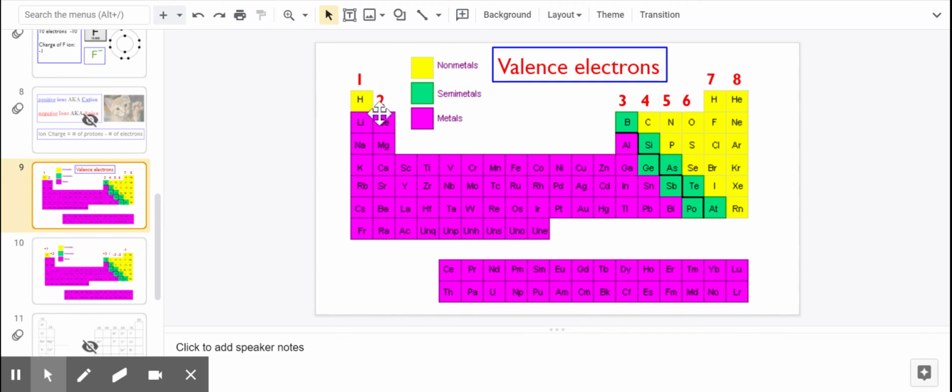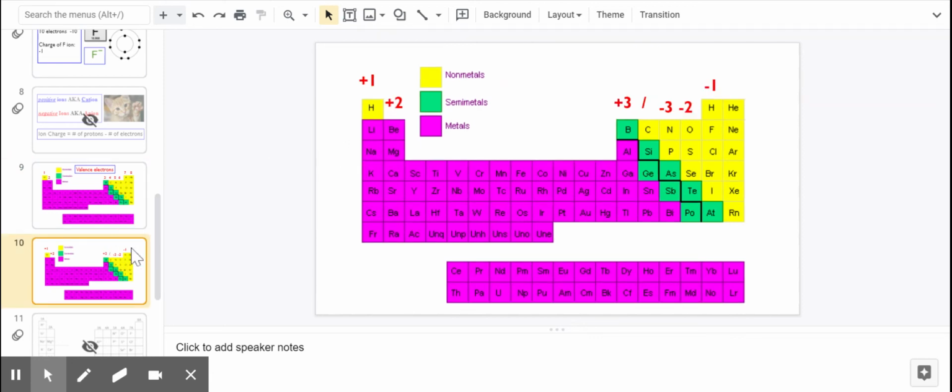It's easier to give away. When they give away, they have more protons than electrons, so they form positive charge ions. And this one is a special one. Groups 5, 6, and 7 prefer to gain electrons. Once they gain electrons, they become negative.